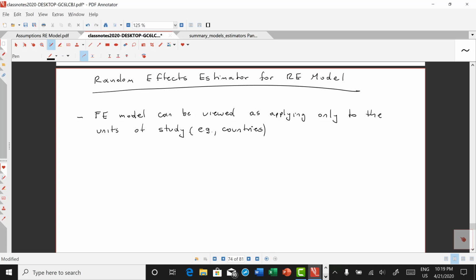Each of those intercepts is going to apply to each specific country. And this is a limitation for prediction outside of the units of the study. The random effects model does not have that limitation.